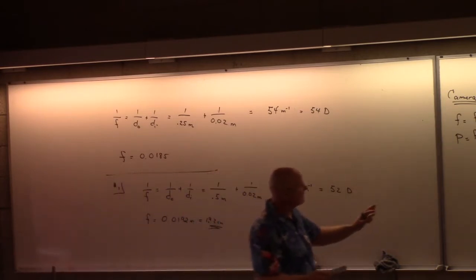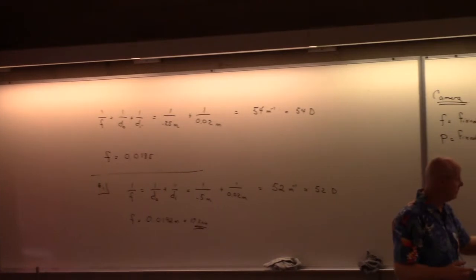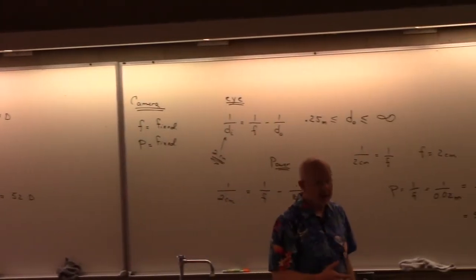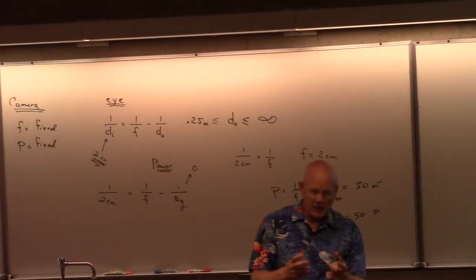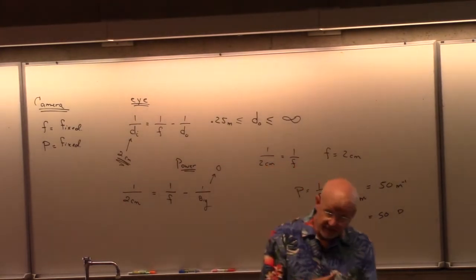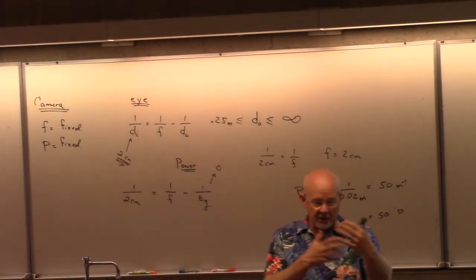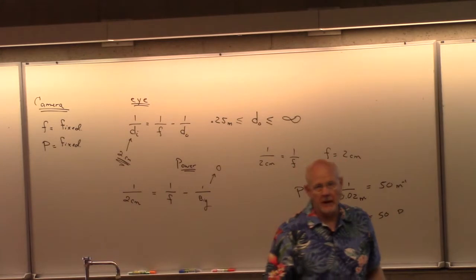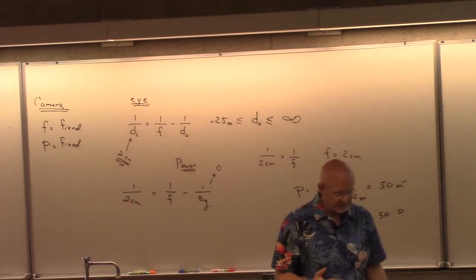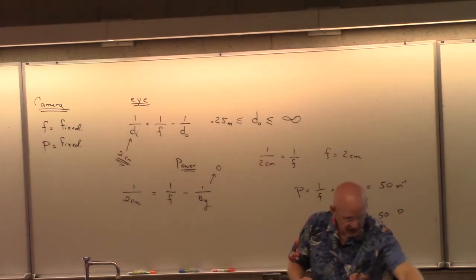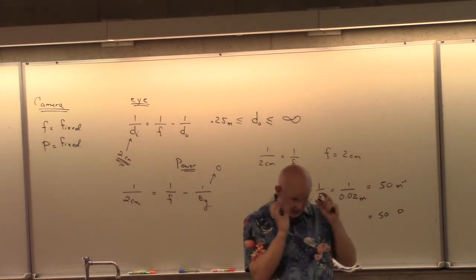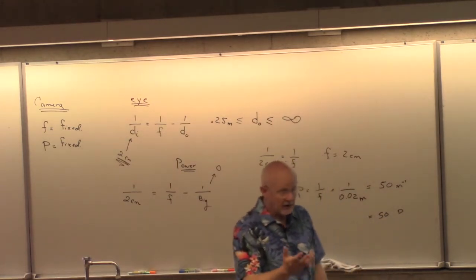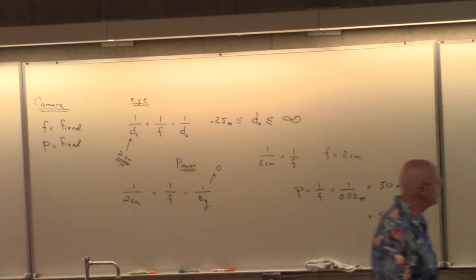So this is somewhere in between the 2 extremes that I just calculated, and it makes sense. The power of the human eye is somewhere between 50 and 54, and I'm looking at something in the middle ground. So the power of my lens focusing on something half a meter away, probably this box right here, is 52 diopters.